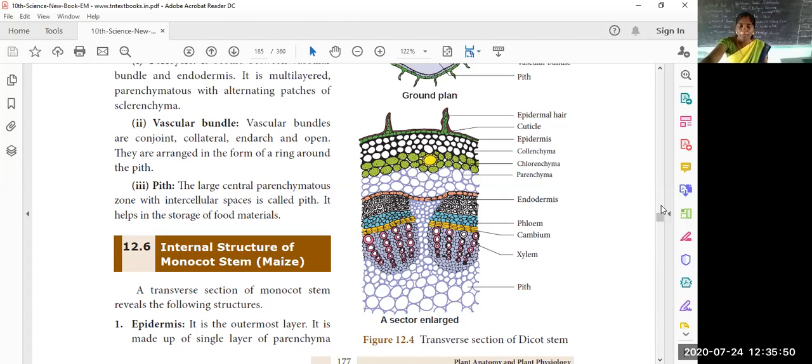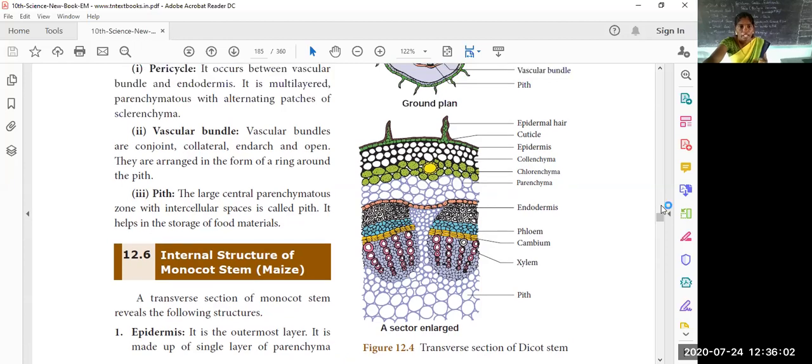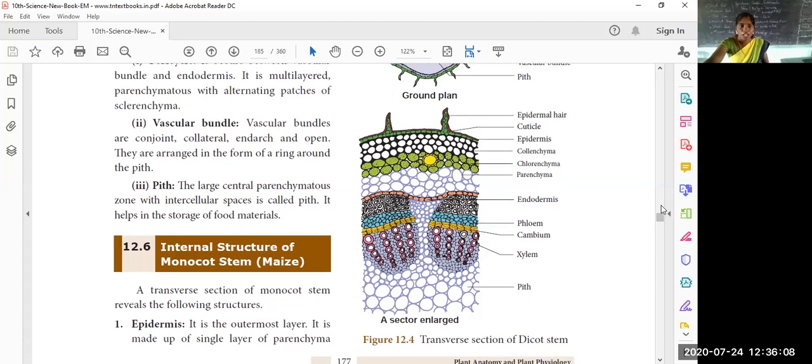And open type: if the cambium is present, it is open. They are arranged in the form of a ring around the pith. Next, pith. The large central parenchyma zone with intercellular space is called pith.